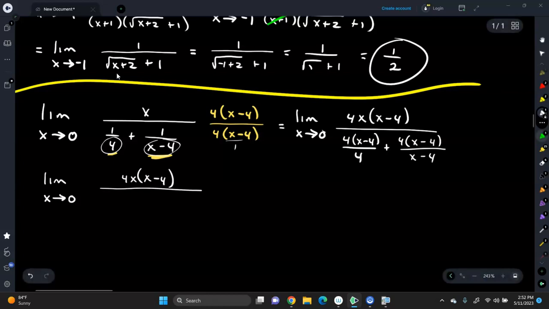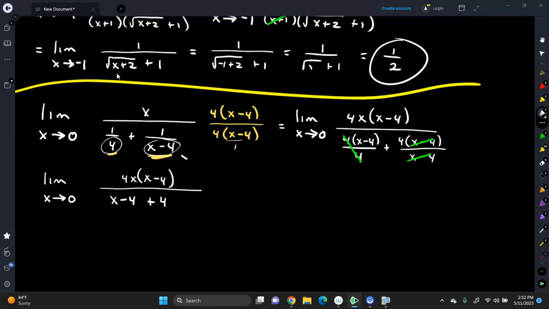And look what happened in the bottom. The 4's canceled there, leaving me with just x minus 4 plus, and now the x minus 4 is canceled, so I'm just left with 4. Multiplying by that common denominator removed these complex expressions. We simplified the complex rational expression.